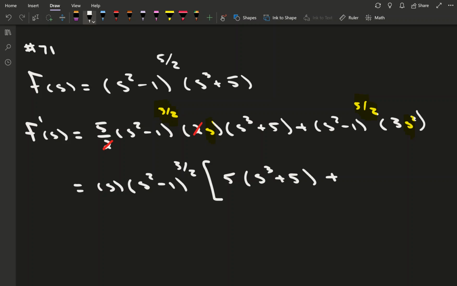Plus, now I've got to see what happens on this side. But before I do, if I distributed the s and the (s squared minus 1) to the 3 halves to the 5 times the s cubed plus 5, I would get this whole thing. So all I did here was factor out just the least power and the s.